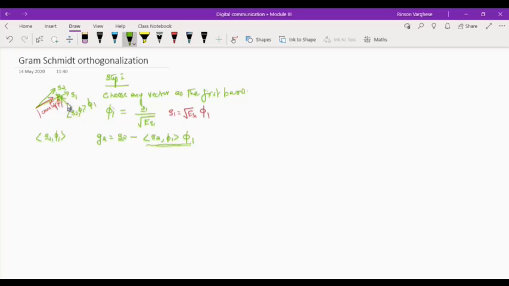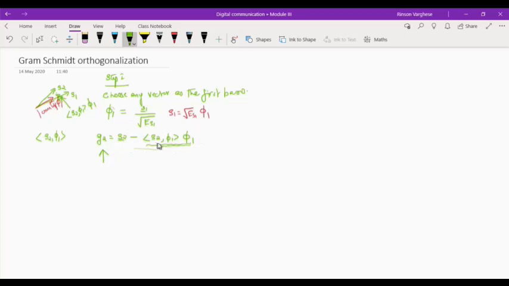Now you have found the contribution of phi1 to S2, or the contribution of S2 in the direction of phi1, then subtract this from this vector. That's what we have done here. G2 is S2 minus the contribution. So this G2 will not have any contribution of phi1.